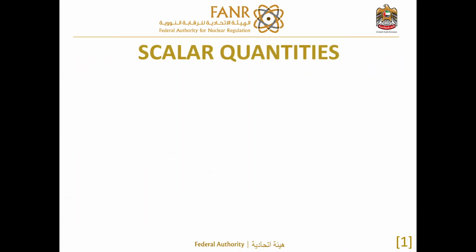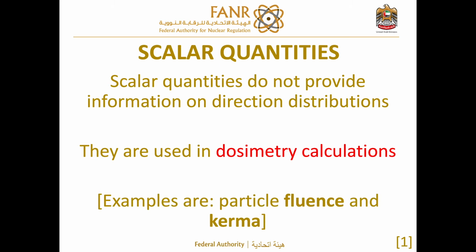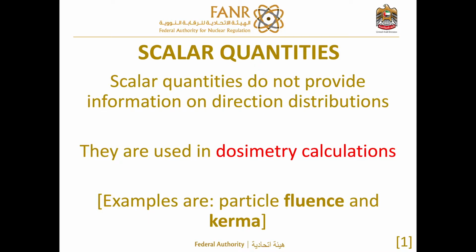Scalar quantities describe just the intensity of a specific quantity without providing any information on its distribution in space. So there is no indication of the direction, and most probably these are the most used quantities in dosimetry calculations for us, because what we will use is a quantity describing a property in a specific point under specific assumptions.